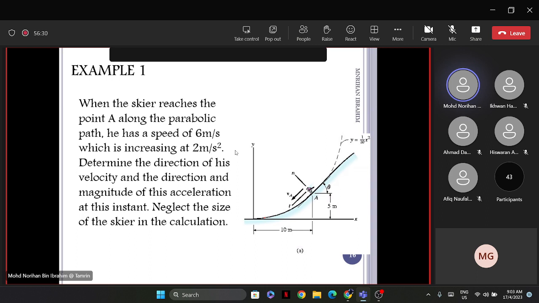So we have this skier which moves according to this sloping path of motion. It has the so-called parabolic path of y is equal to 1 over 20 x squared.